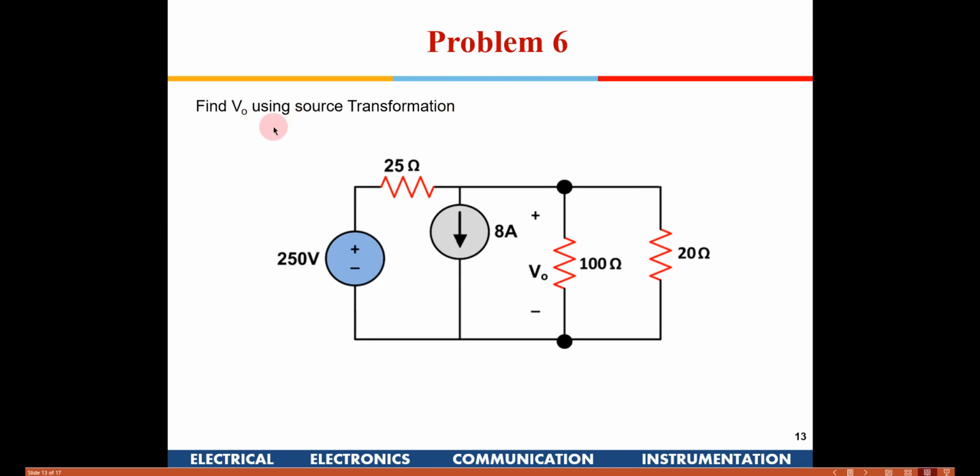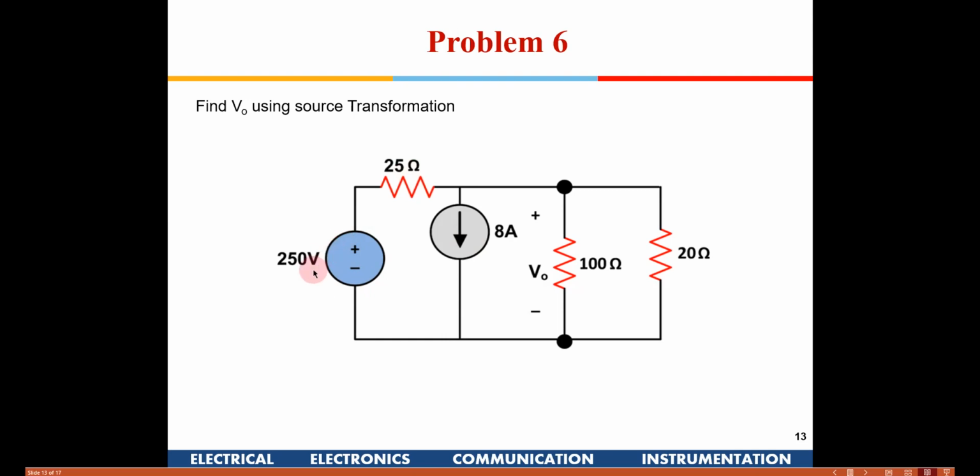Now you have one more problem out here: find V0 using source transformation. Can anybody suggest which source I need to transform here? The 250 volt or the 8 amps one? 250, yes, 250 volt.